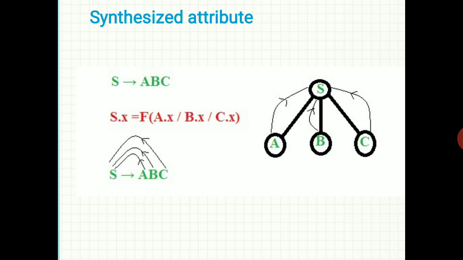That is, it calculates the attribute value of the left hand side of the production, and it only takes the values from the right hand side, that is, from children. So we can conclude the synthesis attribute can take values only from its child nodes, that is, the right hand side of the production.